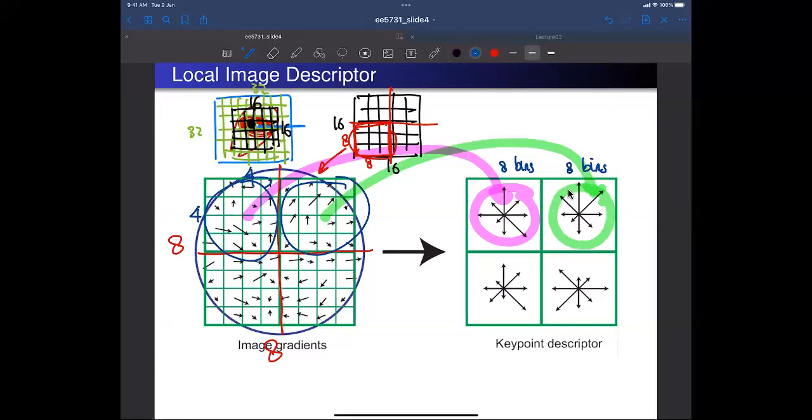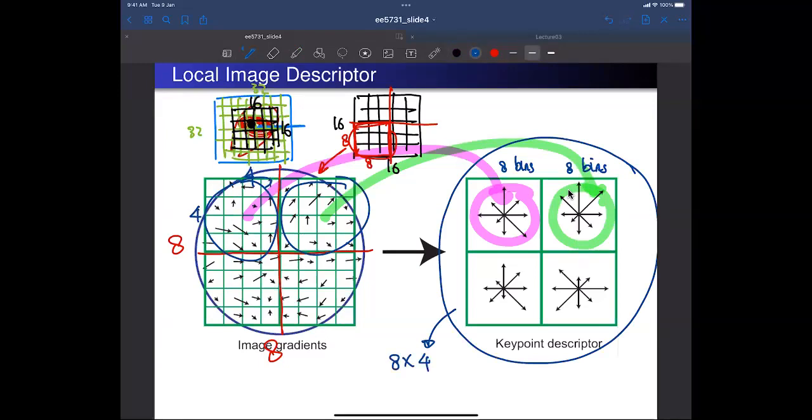So for this 8 by 8, if you have to create a histogram, what is the length of your histogram? If you combine all these operations here, it is 8 by 4 by 4, which equals 128.